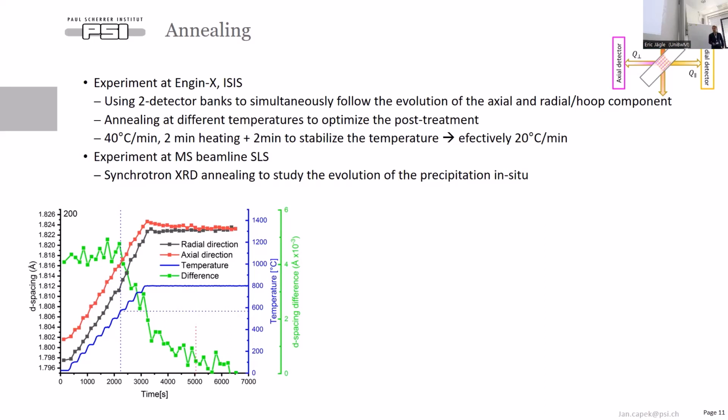That kind of means that we have the reduction of the residual stresses, then we stabilize at 800 degrees, keep following this progress, and we can measure when the data from the 2 banks start to overlap again, and at that point we again have a stress-free sample.